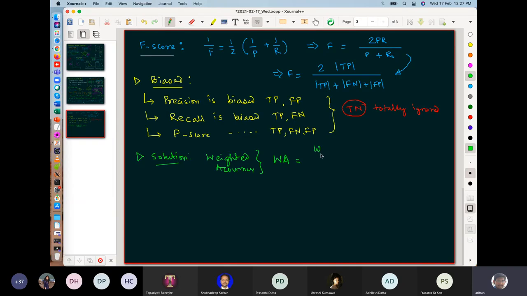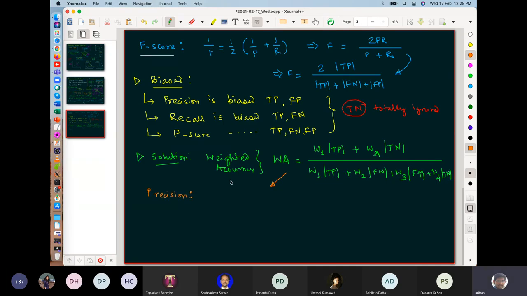What they do, they try to put a weight with respect to true positive plus a weight with respect to true negative, and so on, divided by, it's just the accuracy with a little bit of weight on everything. How does it help? See, now depending on my weight, I can construct anything.